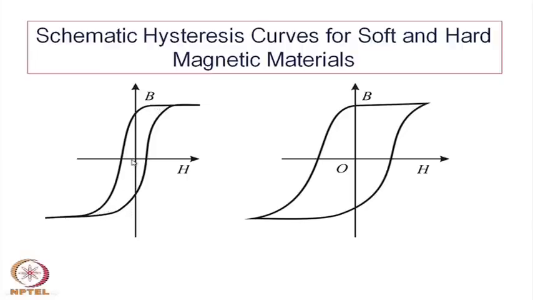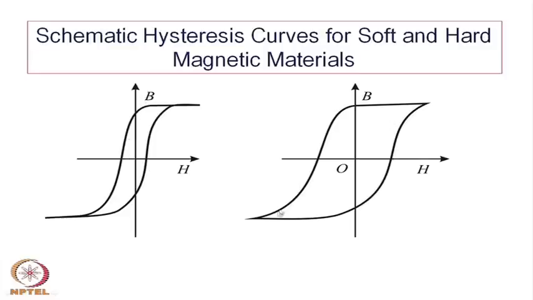So, with very small magnetic fields, one can magnetize it, saturate it, or completely desaturate it. This kind of curve is very important for soft ferrites or soft magnetic materials, and these are actually hard magnetic materials.